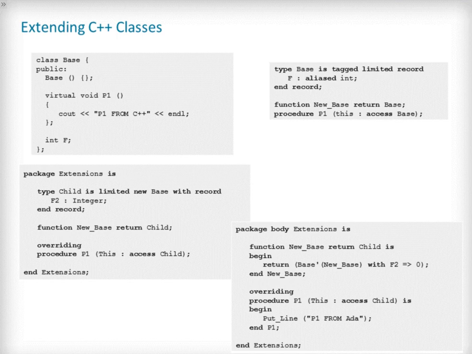The implementation of the extensions package contains the constructor that returns an instance of the parent class newBase. The overridden implementation of p1 writes out the string "p1 from Ada" as opposed to the string "p1 from C++", which is what would have been written out if the p1 implementation from the original C++ class had been executed.